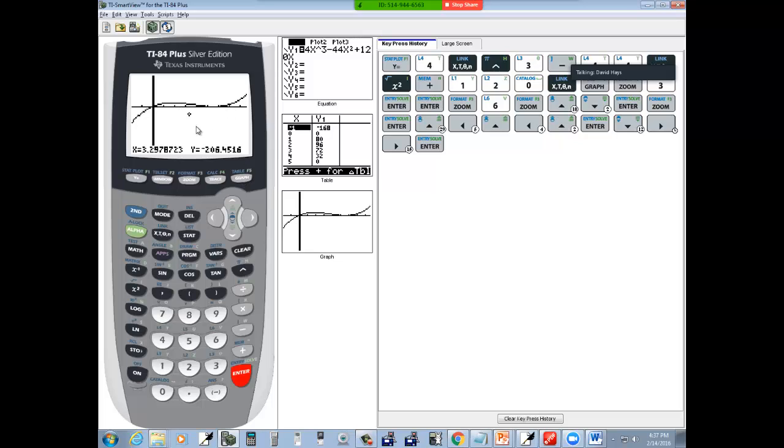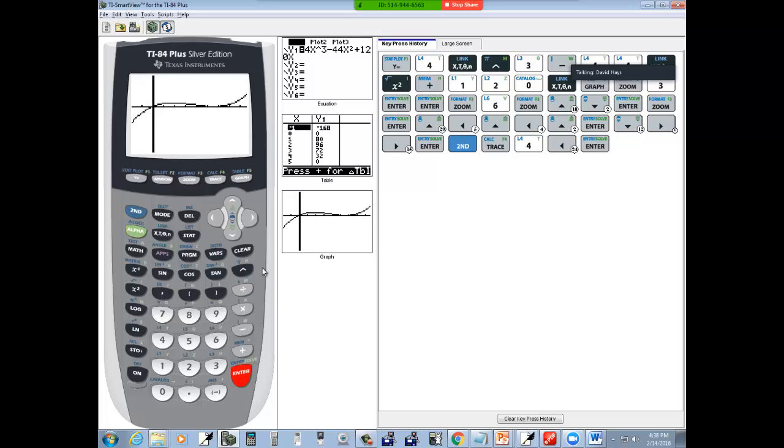So if I find this point right here, I can do my second trace, choose maximum, so I press 4. Now I do my left arrow until I'm to the left of where I think the maximum is. It doesn't have to be too far away from it. You just need to make sure you're definitely to the left of it, like right there.